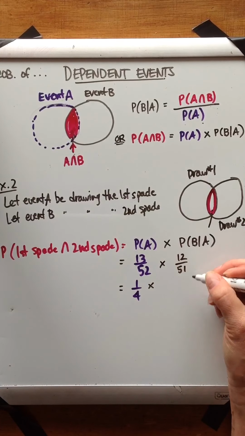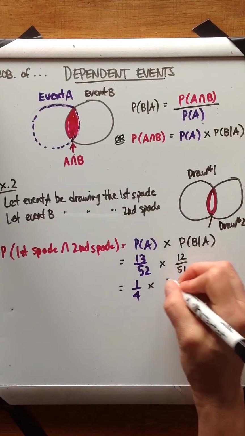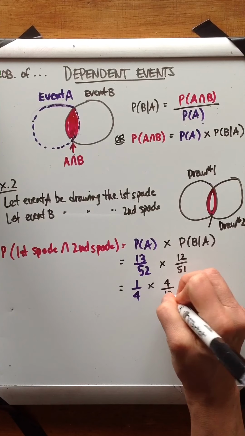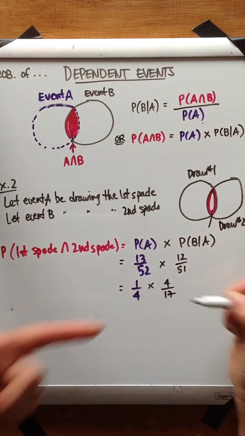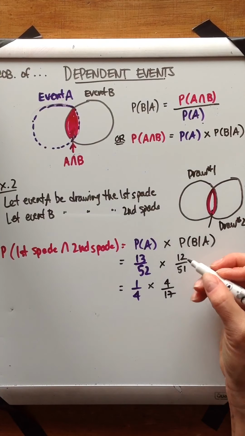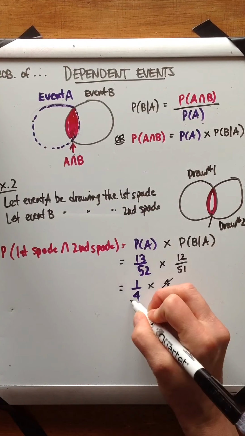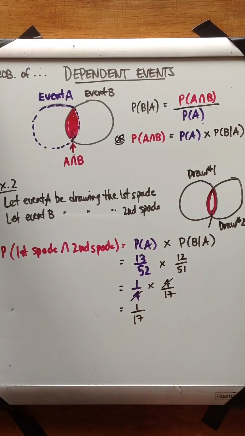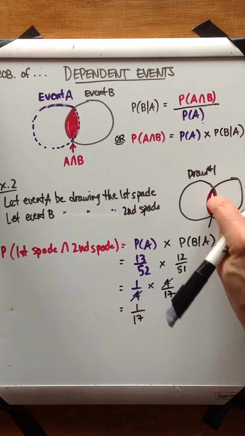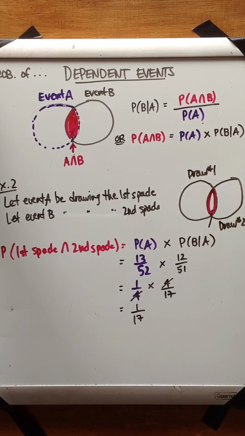And 12 out of 51, they're both divisible by 3, so this can become 4 out of 17. I'm going to do the reductions of the factors here before I do the multiplication. Then I notice that there's a factor of 4 in the numerator and the denominator, which leaves me a probability of 1 out of 17 for that overlapped area.